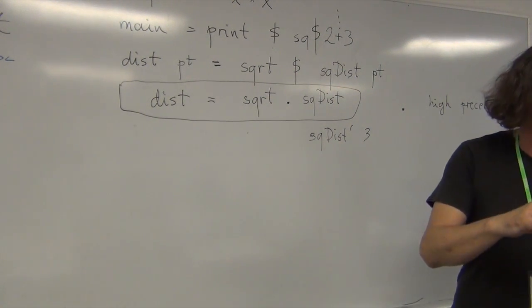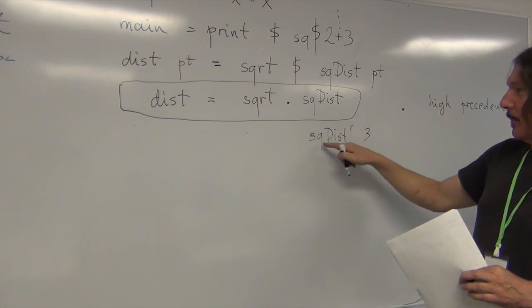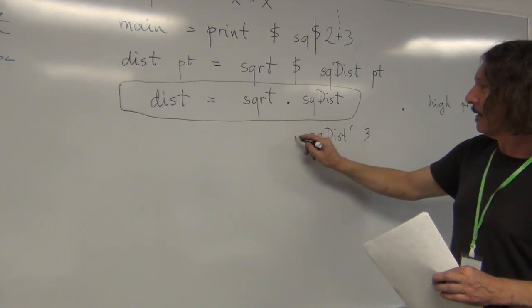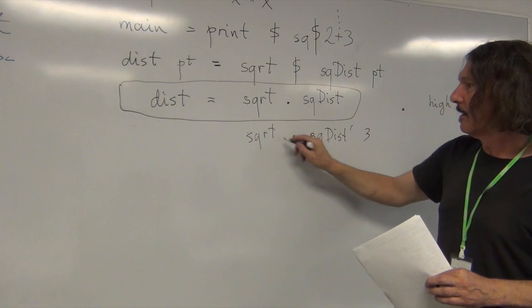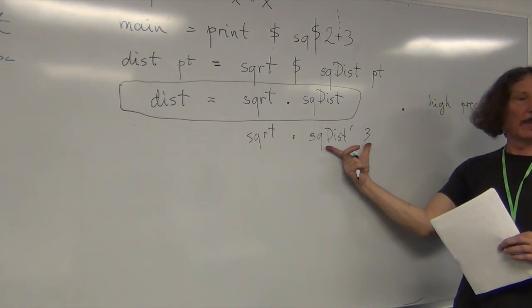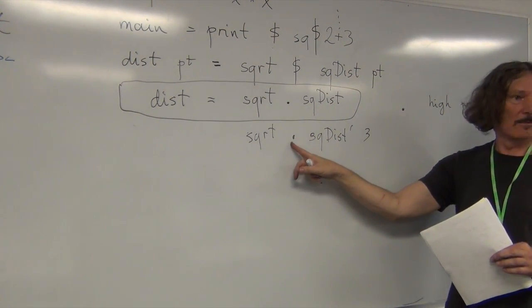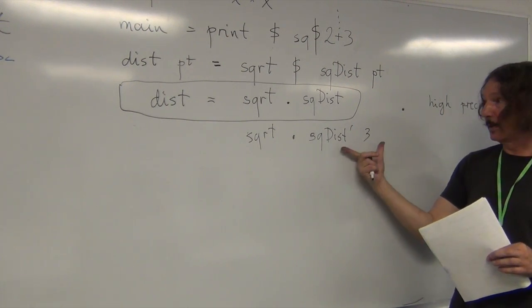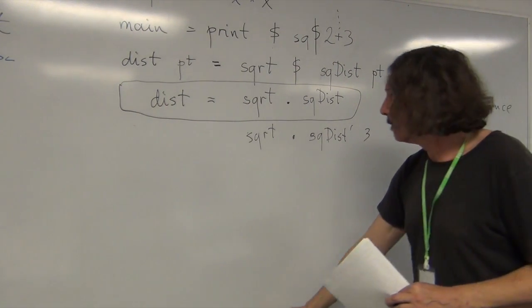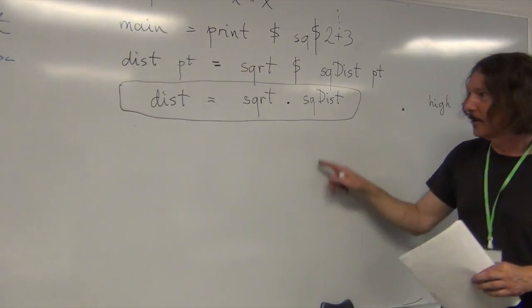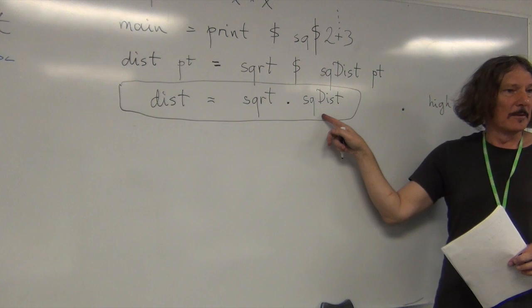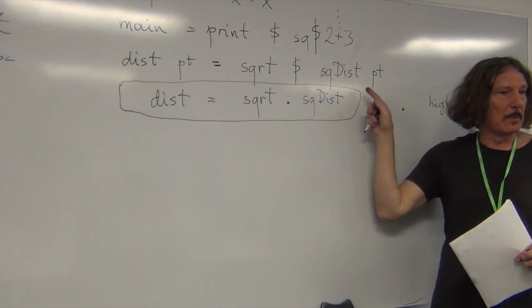I'll talk about currying later, but this is still a function. This doesn't make sense, but this would bind stronger than this. Function application binds stronger, but anything else is weaker. So if there's like a multiplication or plus.